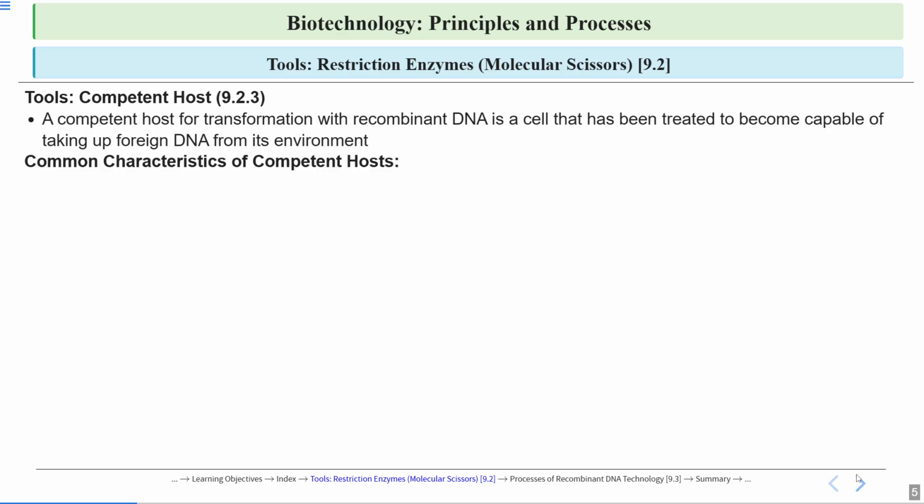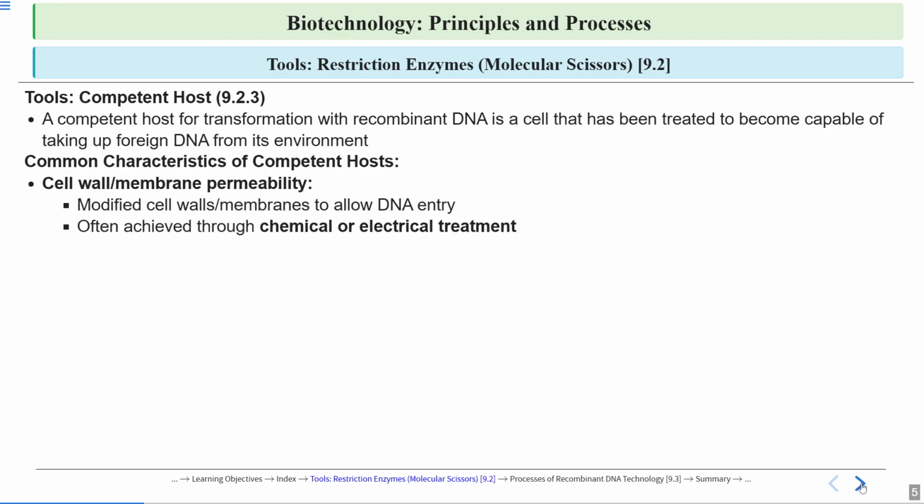So what should be the common characteristics of this competent host? First is that its cell wall or membrane should allow this DNA entry. A guest can get inside your home only when you open the door. So this host should allow this DNA to enter into itself.